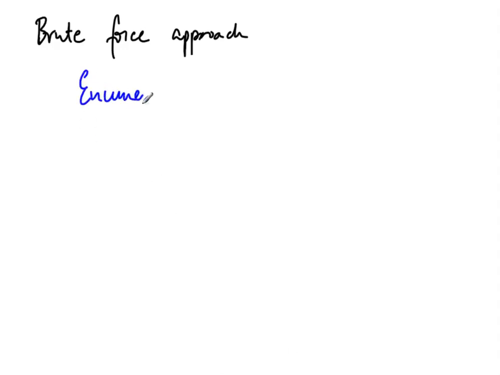So there is a natural brute force approach, and this is to just enumerate every subset. So you have to pick a subset of things, so you enumerate all subsets. And after you've enumerated all of them and evaluated all of them, choose the best one.